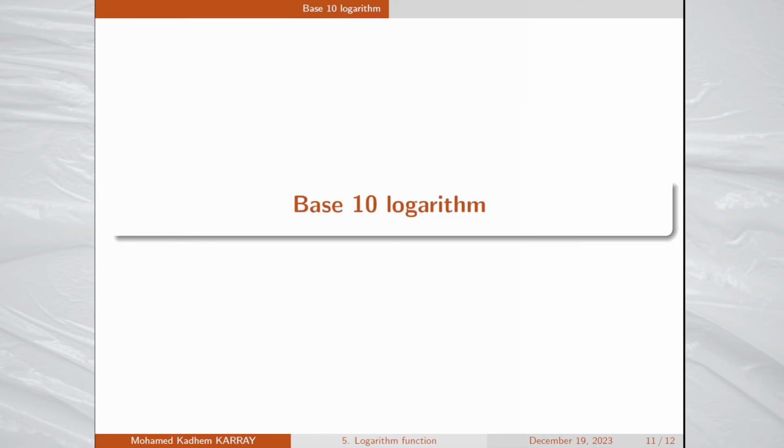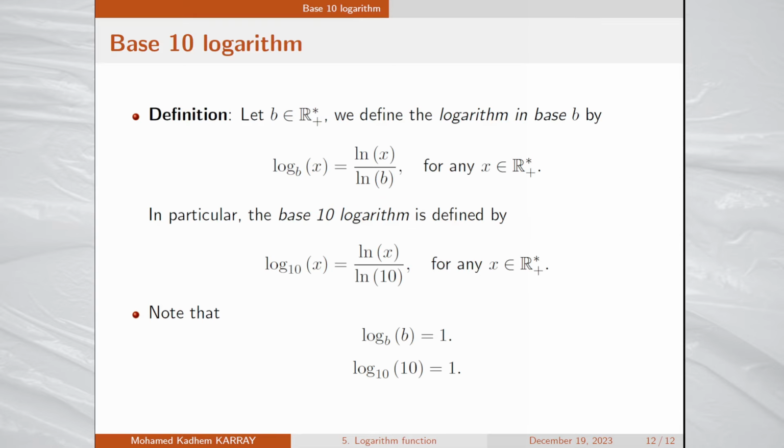Finally, in the last part of this lesson, I will introduce the base 10 logarithm. For any strictly positive number x, we define the logarithm in base b by log base b of x equals the logarithm of x divided by the logarithm of b. So you see that the logarithm in any base is defined from the natural logarithm.